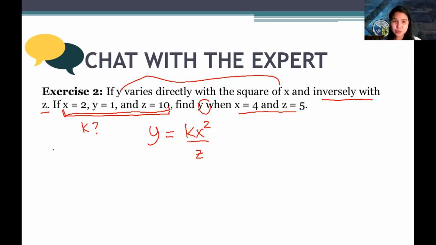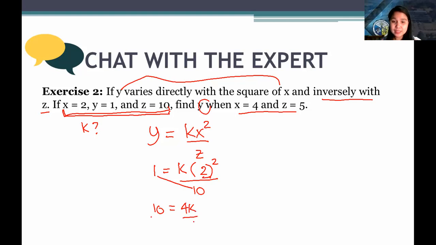So let's substitute. y is 1, k is missing, x is 2 squared, over 10. So let's cross multiply. 1 times 10 is 10. 2 squared is 4, so 4k.